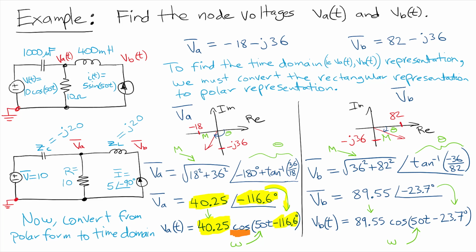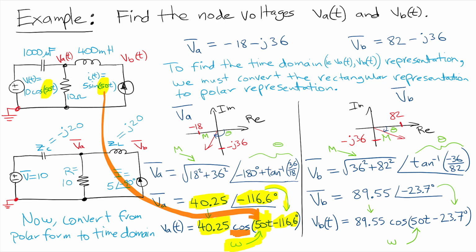The other interesting part is, how do we get the 50t? Where does that come from? That's omega, and it comes from way over here, from the original expressions that we had. So that comes down all the way down here.